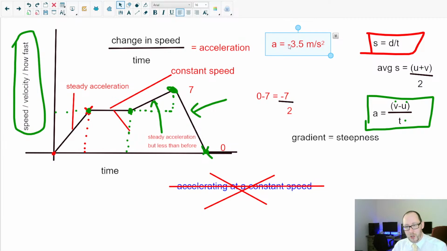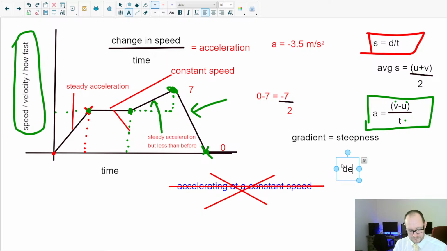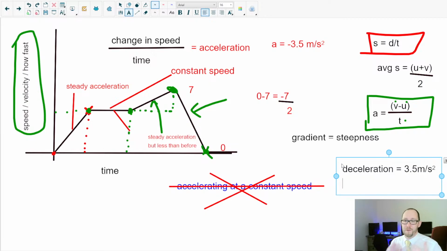So we can say the acceleration is -3.5, or we can say that the deceleration is equal to 3.5 meters per second squared. It is getting slower by 3.5 meters per second every second. The other word that we use for that is retardation.